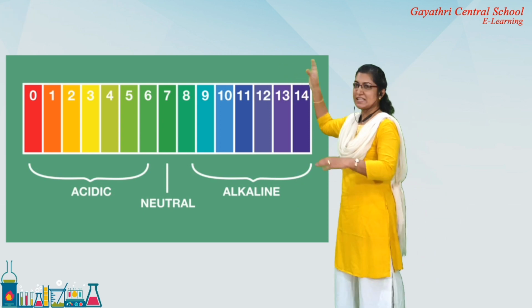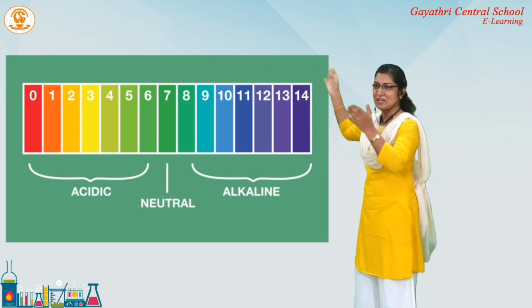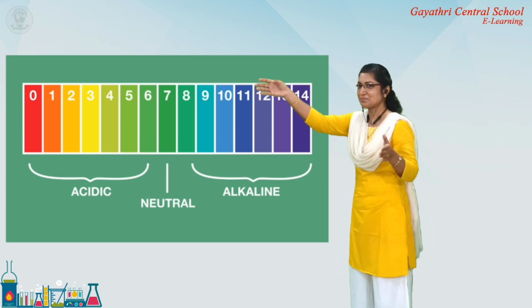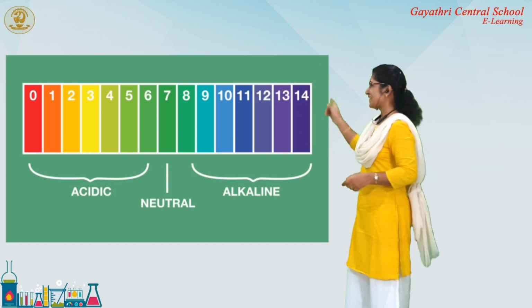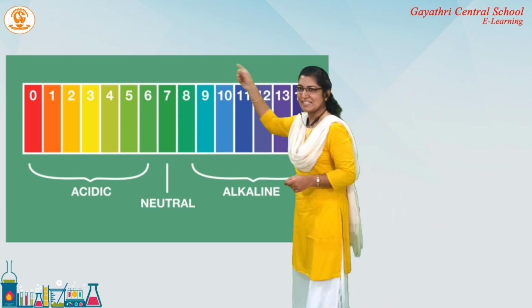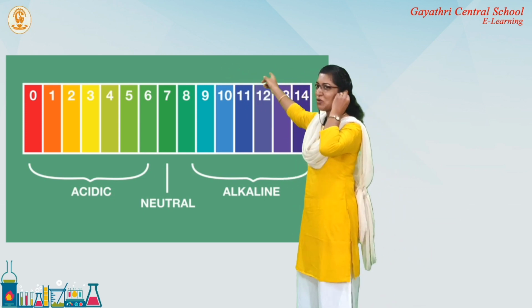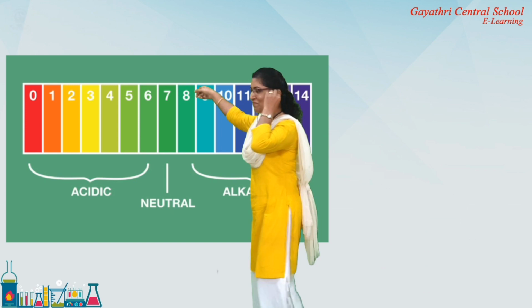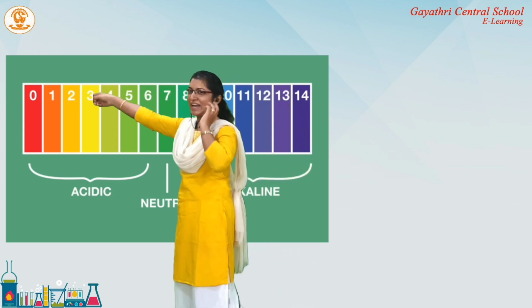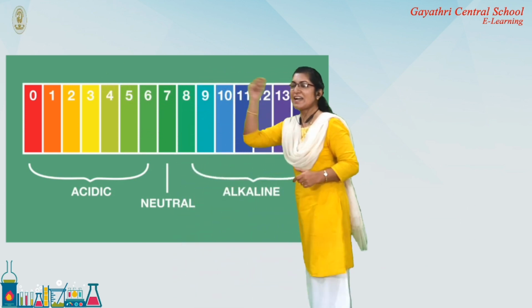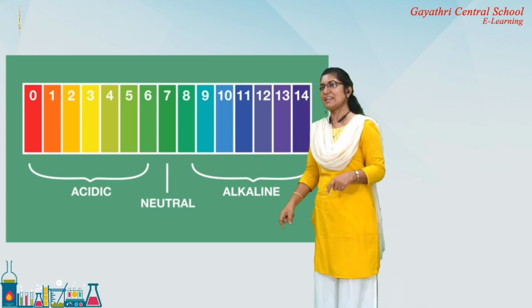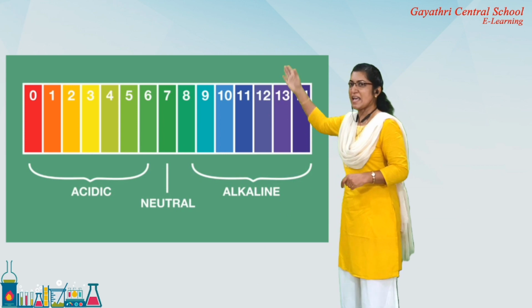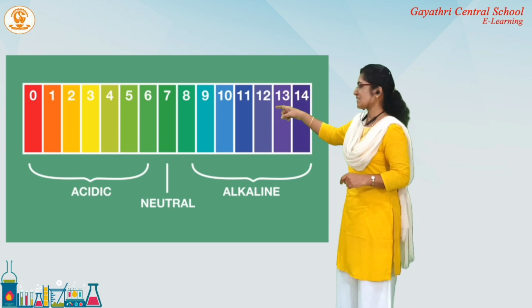And that color range you can see, does it look similar to something? Rainbow. Yeah, very good. Rainbow, isn't it? Vibgyor. You can see violet, indigo, blue, green, yellow, orange, red, isn't it? That is the Vibgyor color range you can see in the pH scale. That is the pH indicator, and if the value is 7, it is called neutral.